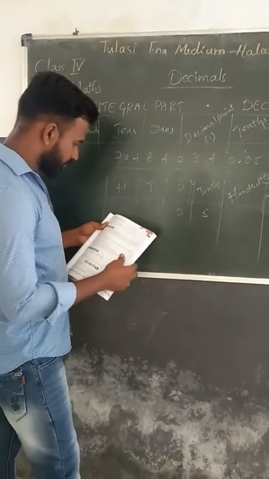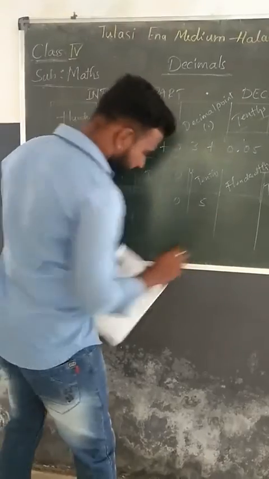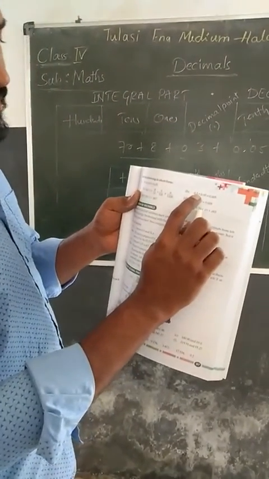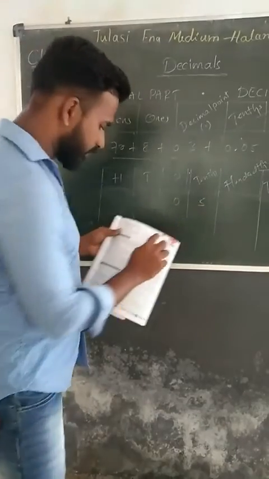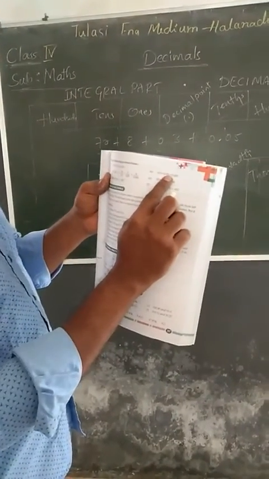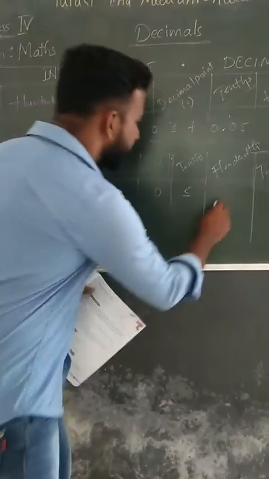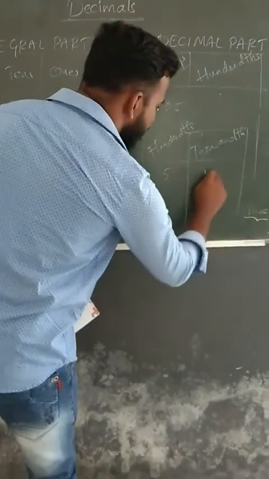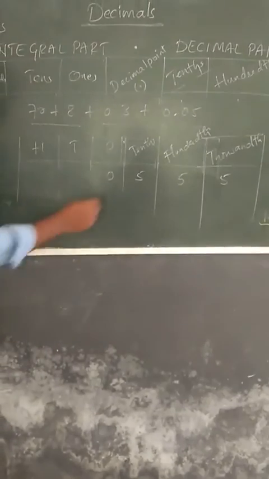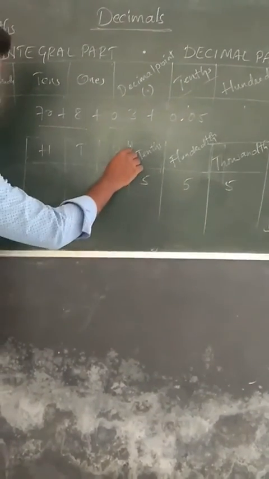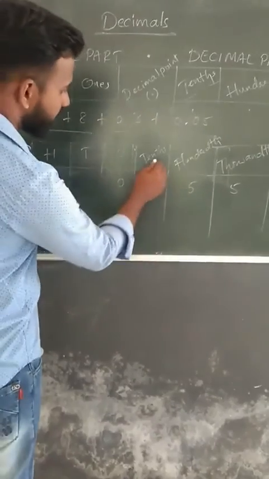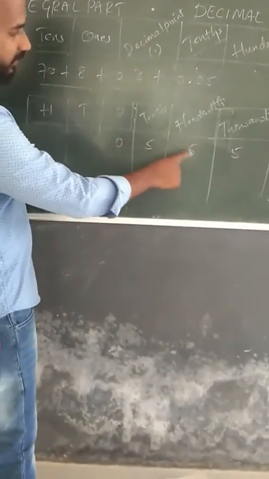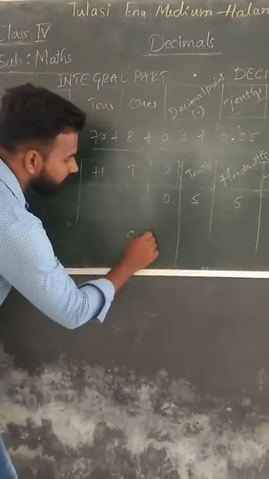Here 5 is in the 10th place, so I am writing it here. This 5 is in the 100th place, so I am writing 5 here. This 5 is in the 1000th place, so I am writing under 1000. So in the decimal part, 5 in the 10th place, 5 in the 100th, 5 in the 1000th. Integral part 0, so 0.555.